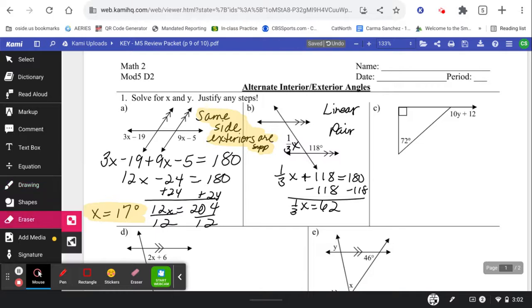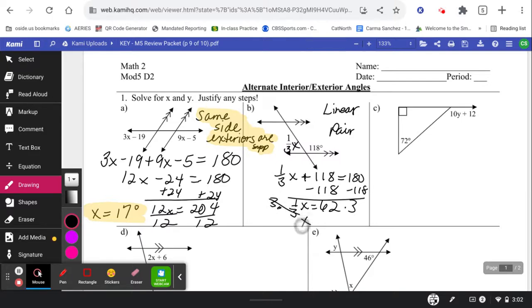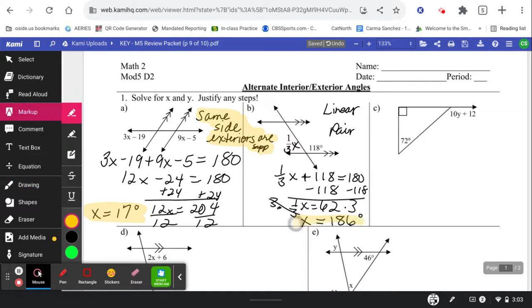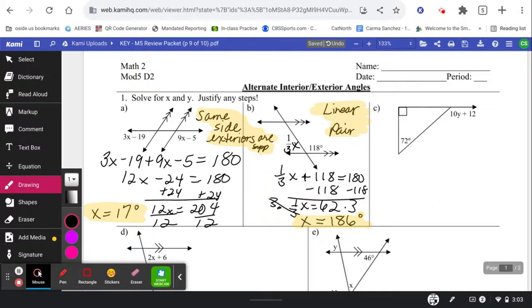And then how do I get rid of a 1/3? Yes, we multiply both sides by that denominator of 3. So 1x is equal to 62 times 3 is 186 degrees. So there's my answer with the degrees, and the reason was linear pair. Sorry that got cut off. It was a 1/3 x.